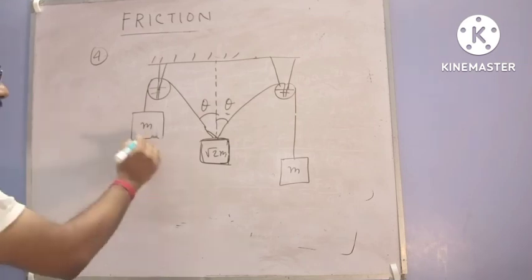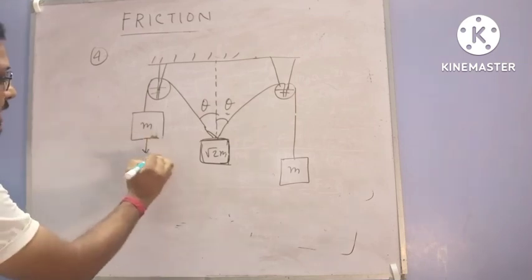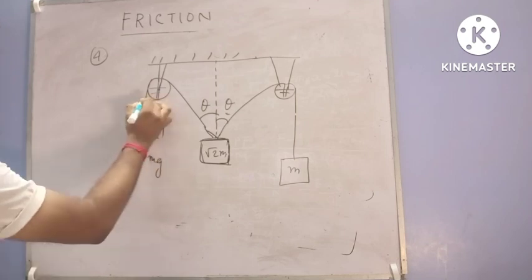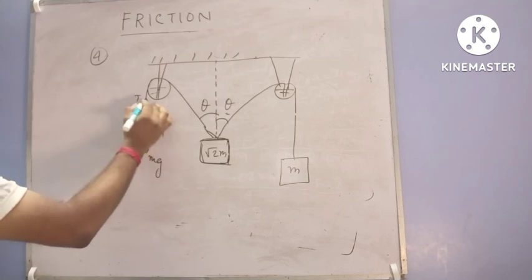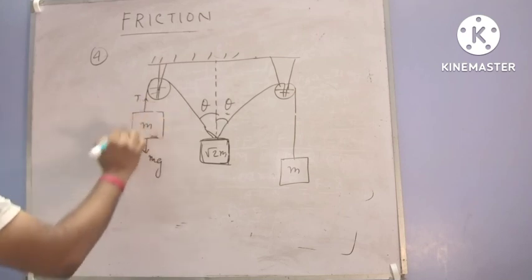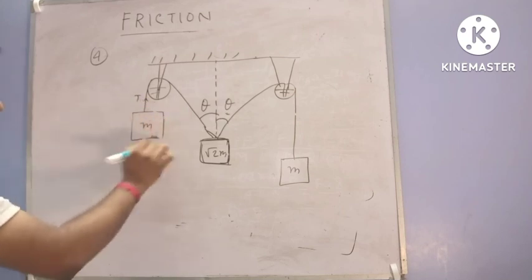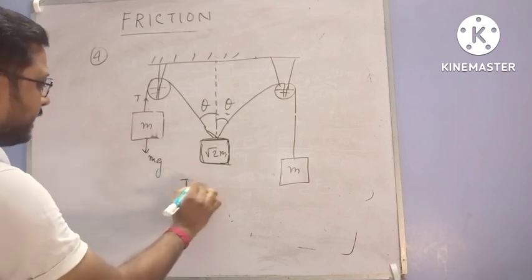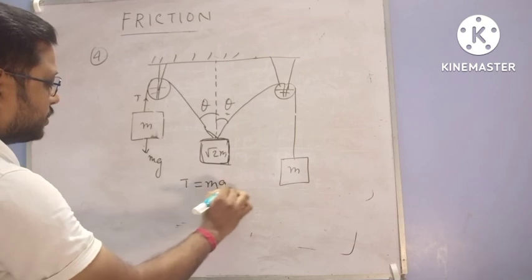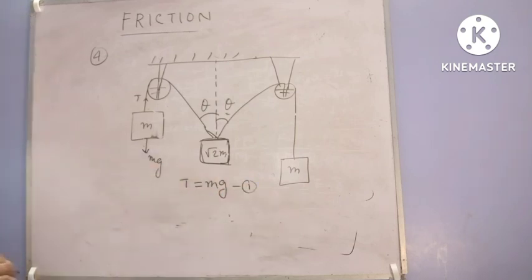If we consider the free body diagram of M, the weight mg acts along this and tension T acts away from it, that is T equal to mg. For this mass, from the free body diagram, we get T equal to mg, equation number 1.